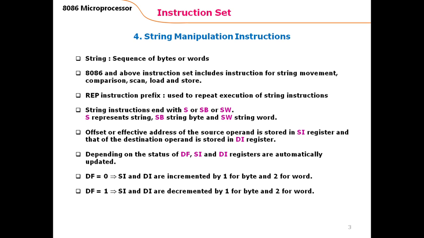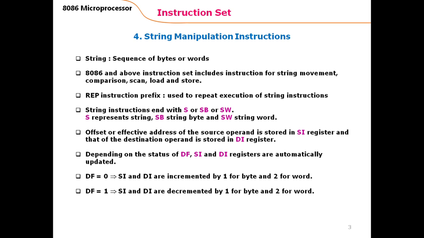There are some conventions with string instructions. For example, the string instruction ends with the letter S, or SB, or SW. The letter S stands for string. For example, MOV is a common data transfer instruction, but when S is used, it becomes a string manipulation instruction.